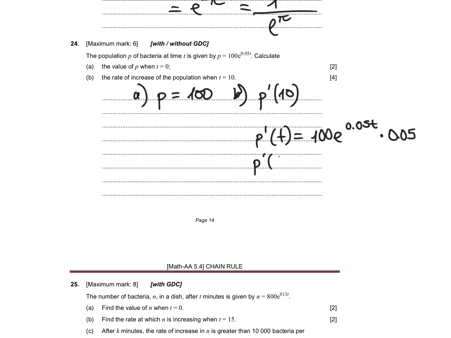And then the derivative at t is 100 e to the, if we're multiplying by 10, then it's going to be 0.5 times 0.05. And then this is 5 over 100 here. So this is just going to cancel. So we're going to have 5e to the 0.5.